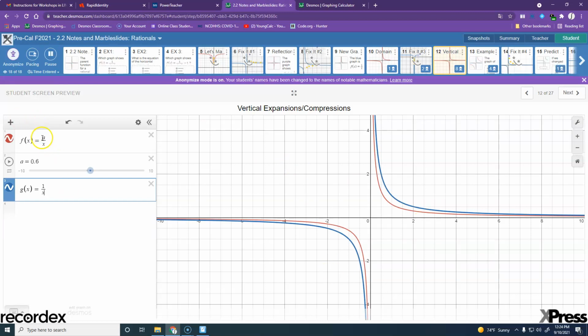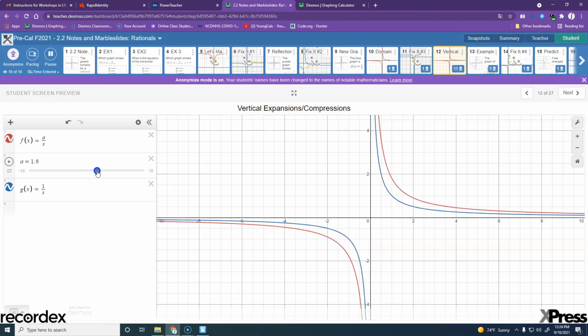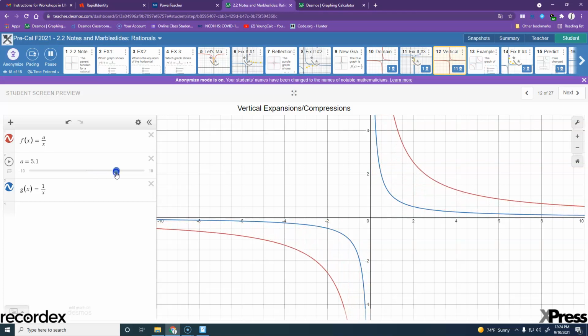If I have a small number here, like 0.6, you can see that it makes this graph steeper, stretching it out vertically. If I put a bigger number, like 5, or 4.8 here, you can see that it's compressing it.